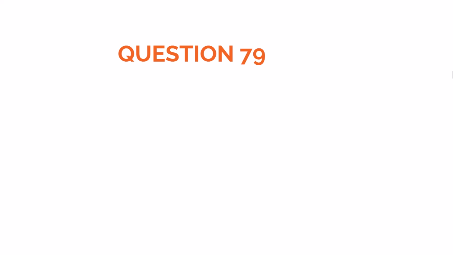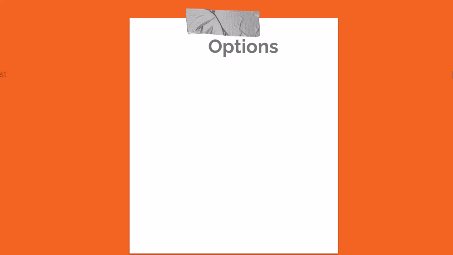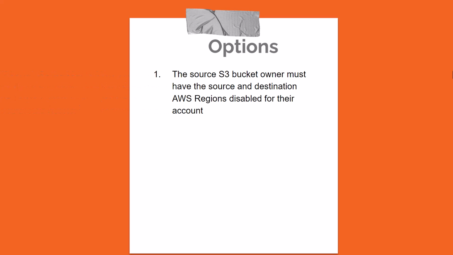Question 79. Which of the following statements is correct about Amazon S3 cross-region replication? Options. Option 1. The source S3 bucket owner must have the source and destination AWS regions disabled for their account. Option 2. Both source and destination S3 buckets must have versioning disabled. Option 3.